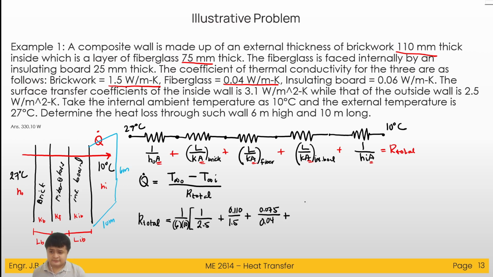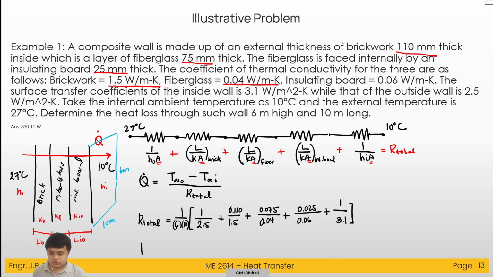Then plus the last one, the insulating board, 25 millimeters, so 0.025 meter over 0.06 watt per meter Kelvin. I will not write the units anymore at this point, but you have to write the units when you solve this, just to make things brief. We have one last, the convective coefficient, 1 over 3.1.